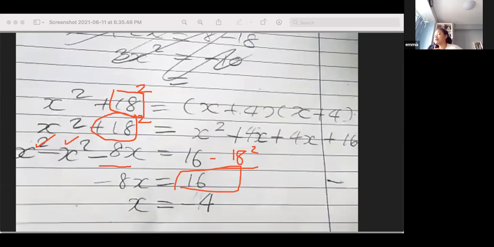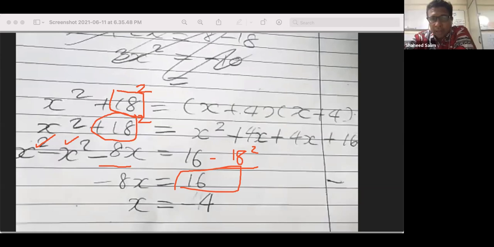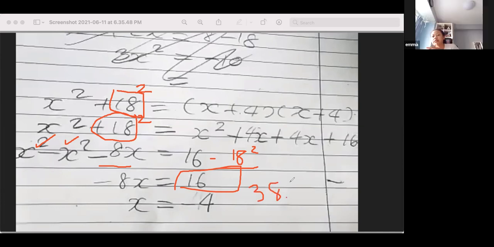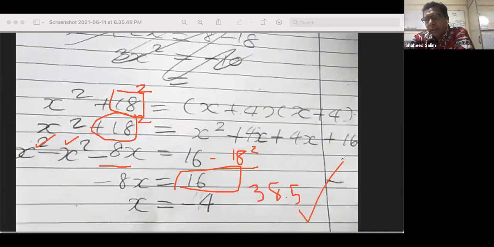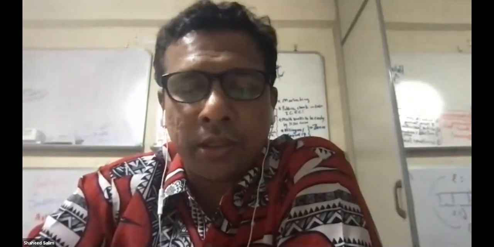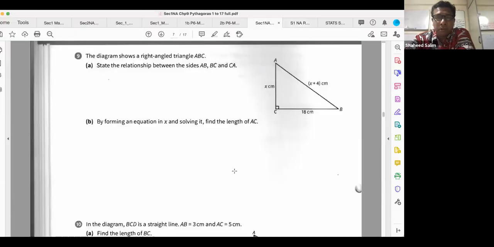A decimal. Is this your answer? 5. Yeah, this is the answer. Okay. All right, so you have to be careful. At this stage, you have actually mastered most of the stuff already. You just need to be careful.